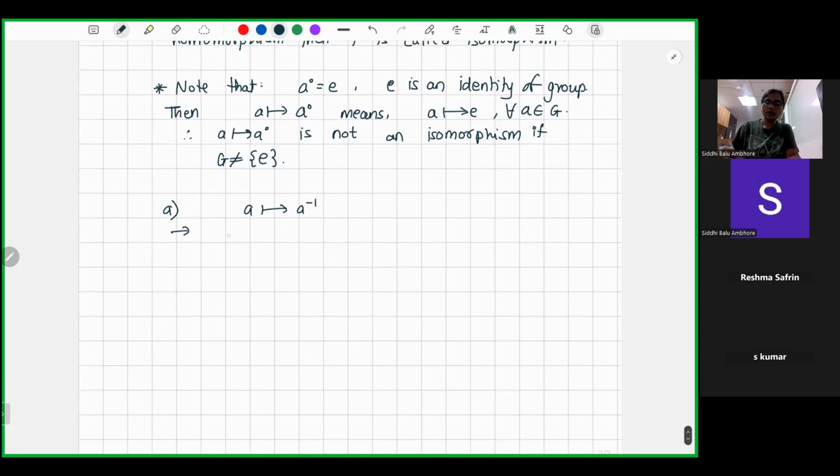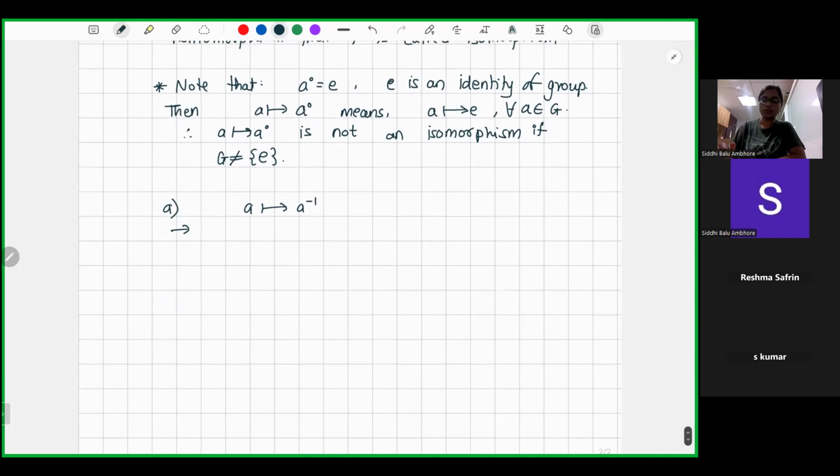First of all, let us check whether this is a group homomorphism or not. Let us define phi from G to G such that A going to A inverse.